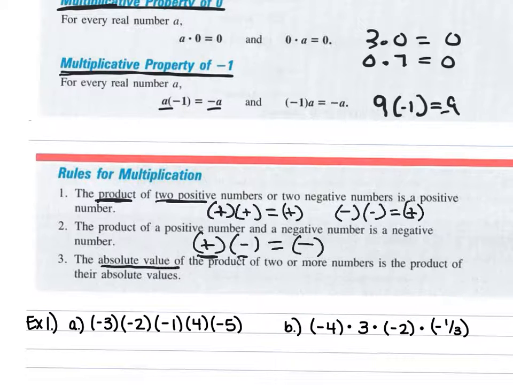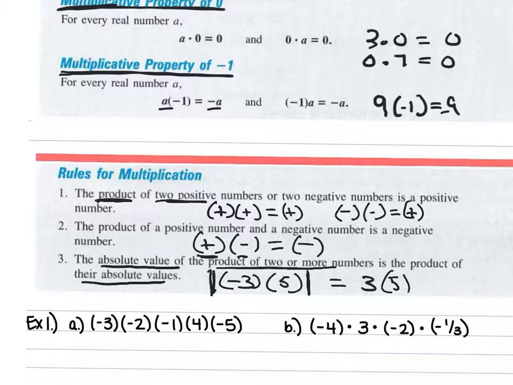The absolute value of the product of two or more numbers is the product of their absolute values. So like if we've got -3 times 5, and we take that absolute value, so the absolute value of the product of two or more numbers is the product of their absolute values. It's the same thing as 3 times 5.